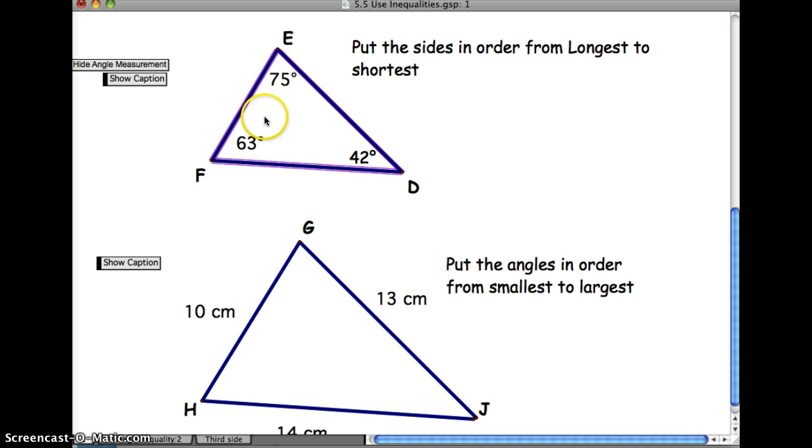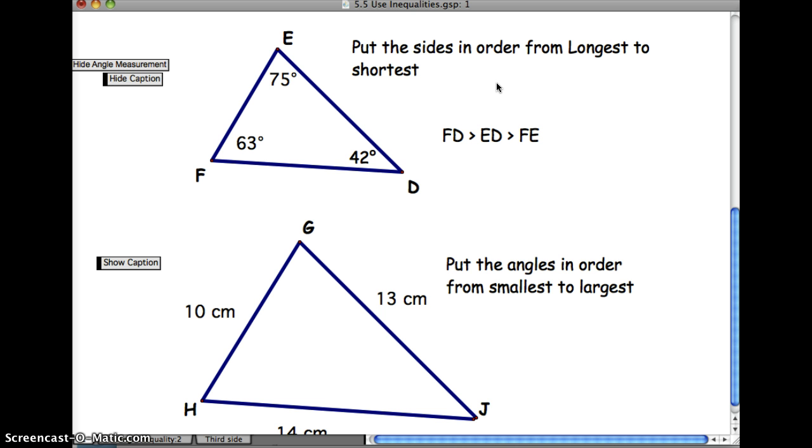Now, this isn't like your elementary school where we just say, okay, FD, ED, and EF. Instead, you have to put it in the proper notation, and it looks like this: FD is greater than ED, which is greater than FE.